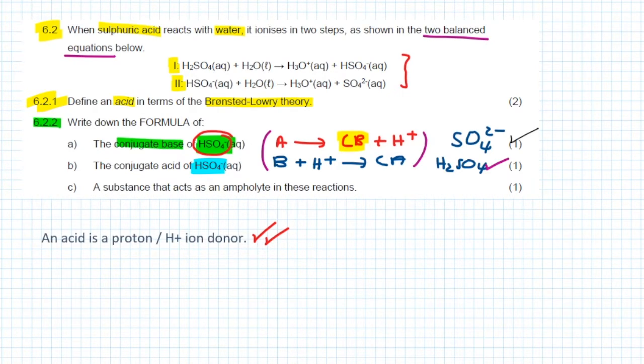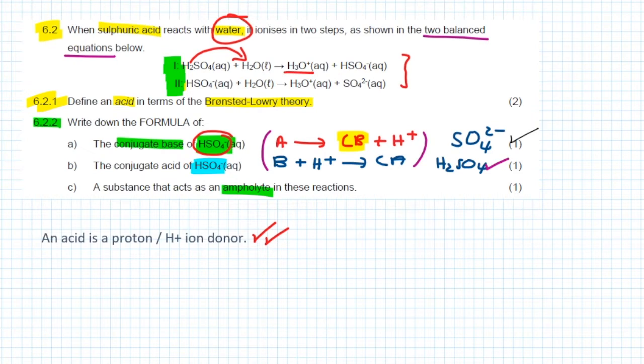Now they say we must write down the formula of a substance that acts as an ampholyte in these reactions. Now, although it is true that water is a very good example of an ampholyte, if you look at reaction number 1, water accepts a proton in order to form the hydronium ion.